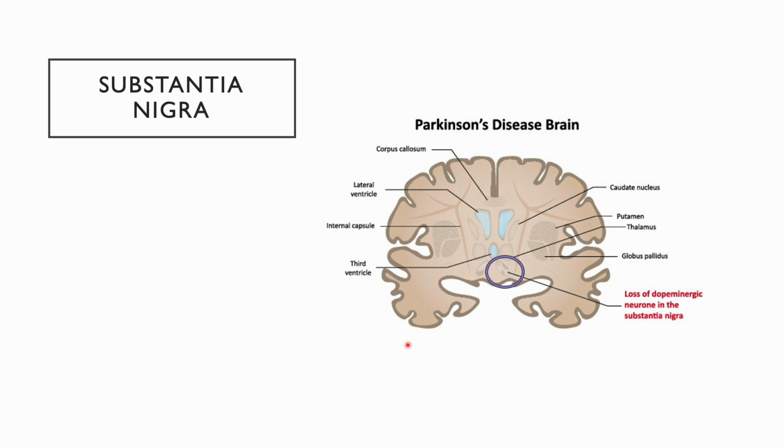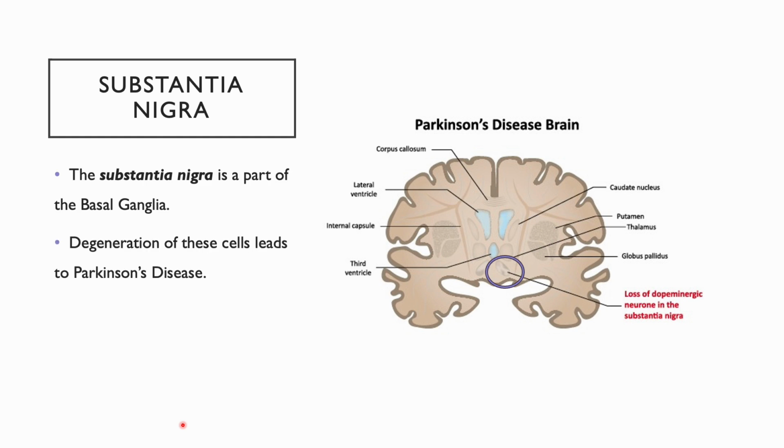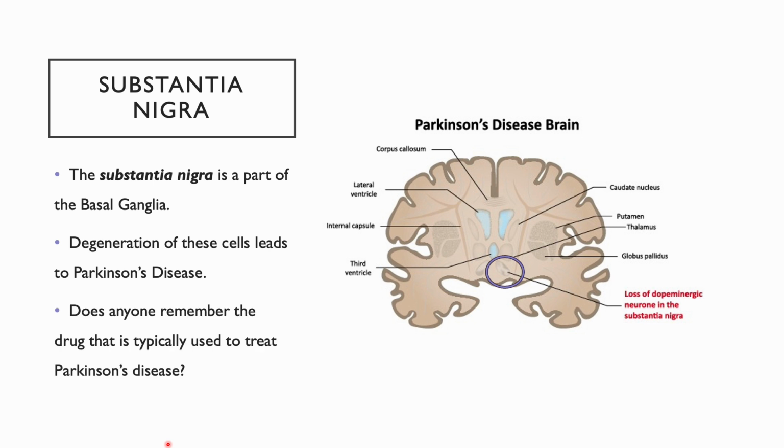As I noted in my previous slide, the substantia nigra plays an important role in the basal ganglia system. It's a part of the basal ganglia, and degeneration of cells in the substantia nigra can lead to Parkinson's disease. These midbrain structures are small and often scattered nuclei. Unfortunately, patients with Parkinson's disease usually have lost more than 80% of the dopamine utilizing neurons in their substantia nigra.